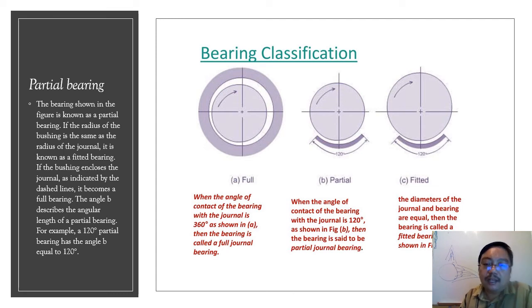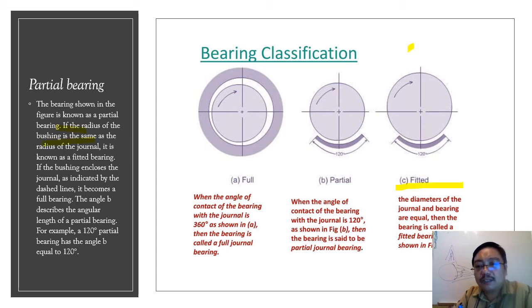Now from Google, I took some images showing the difference between full bearing, partial bearing, and fitted bearing. If the radius of the bushing is the same as the radius of the journal, it is known as a fitted bearing.